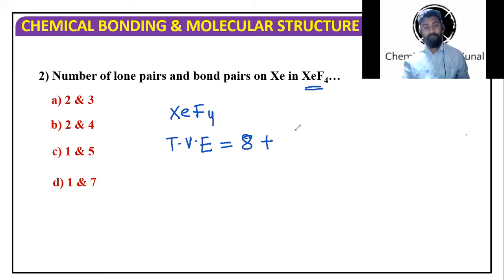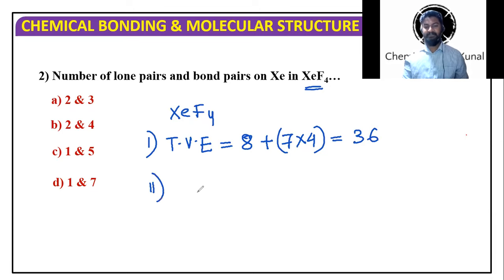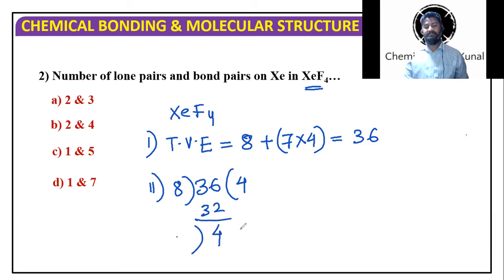How many valence electrons does fluorine have? 7. 7 into 4 is 28. 28 plus 8 is 36. Now, as I got the valence electrons, what should I do next? Excellent. Divide by 8. If we do so, we get 4 bond pairs, which is 32, and 2 lone pairs.